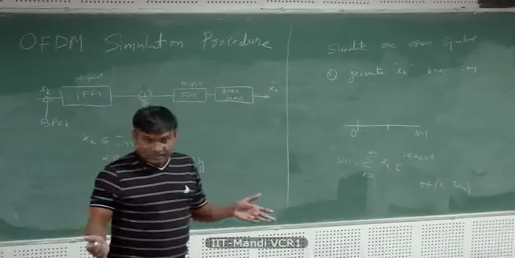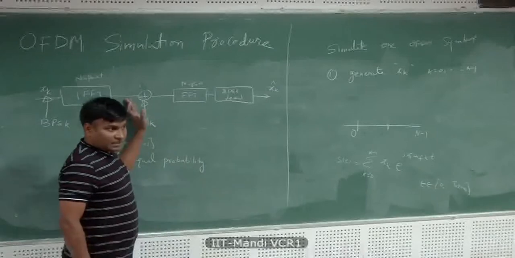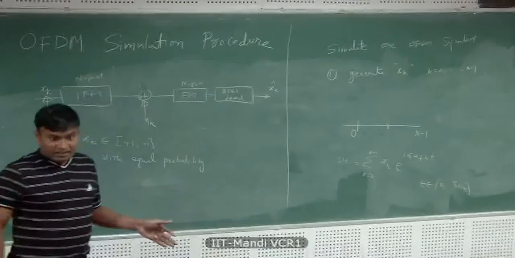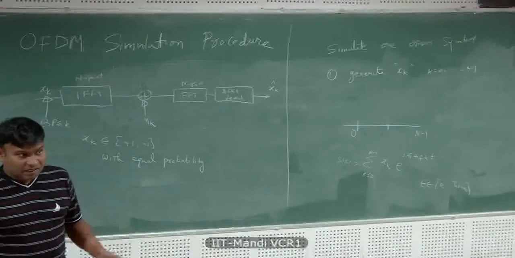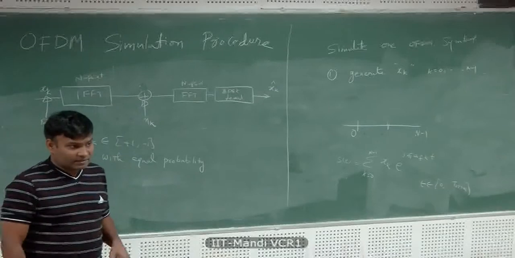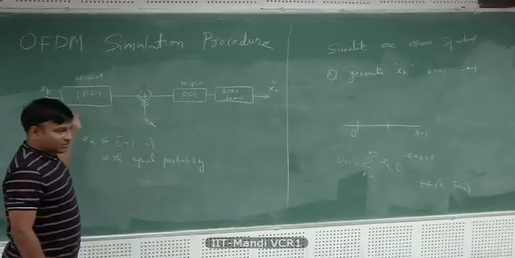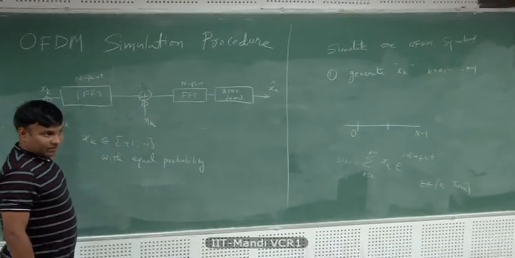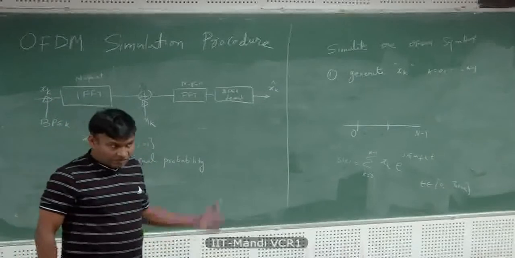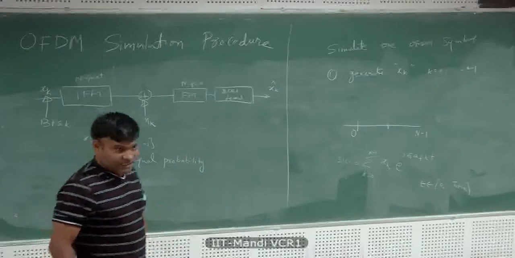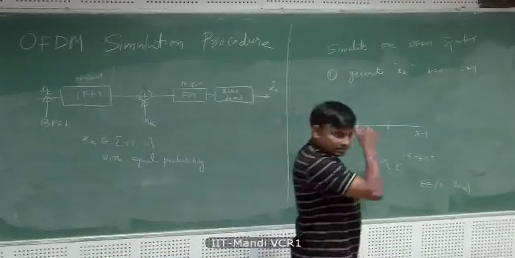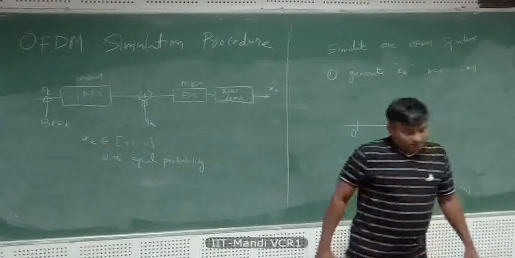You can just calculate the total energy contained in all the samples and divide by the length of the sequence, and see if that number is close to 1. It won't be exactly 1 because there is a sequence of random numbers involved. That's a way of checking the transmit signal power. Always do that.